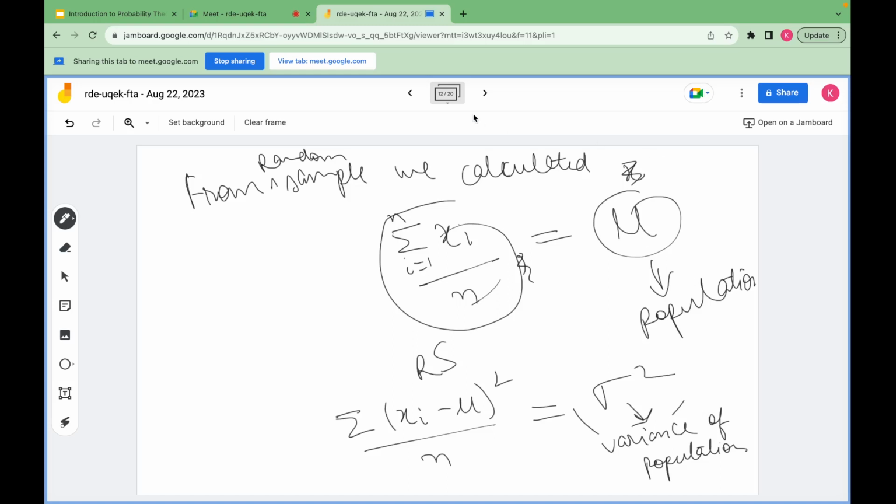Now point estimations make it difficult to say accurately that the mean of the population is this and the variance of the population is this. So rather than just specifying a value, we will define a range in which the mean can come.